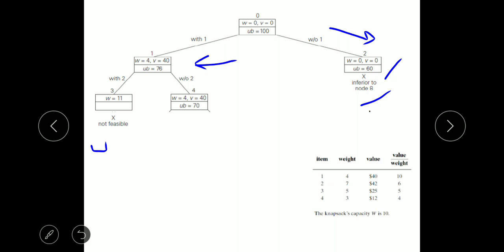For not including item 2, the upper bound becomes 40 plus 6 into 5, which is equal to 70.